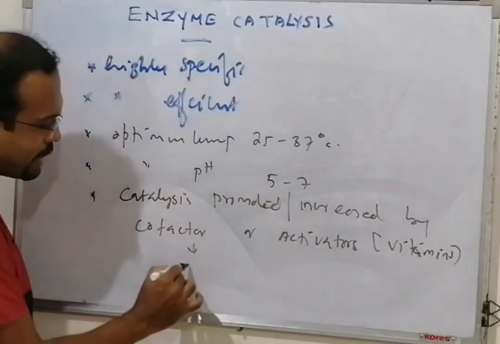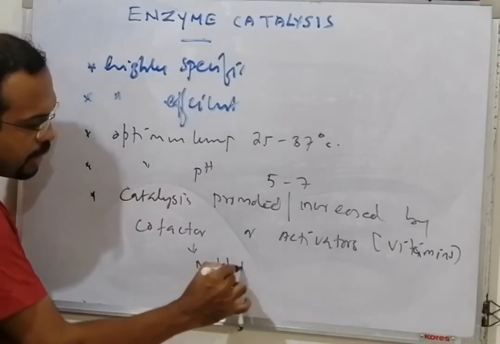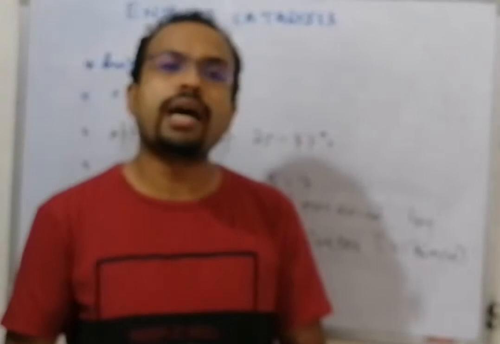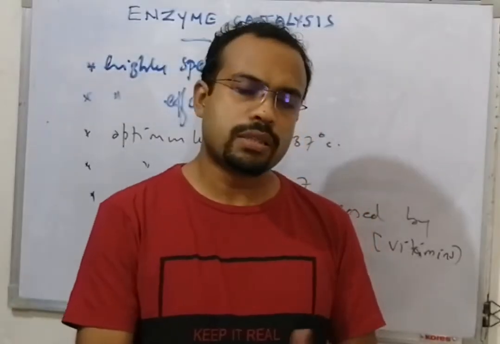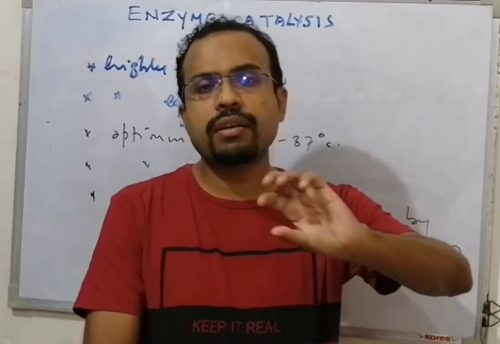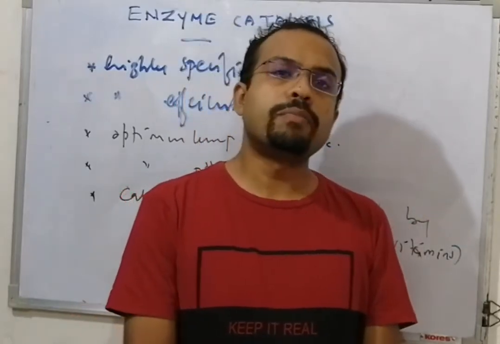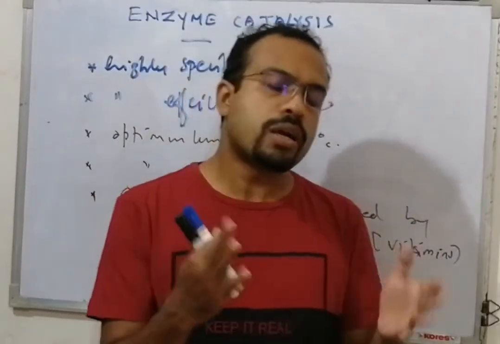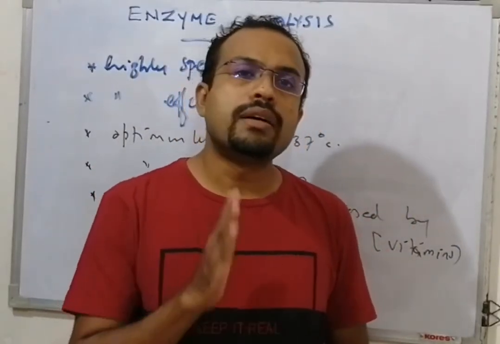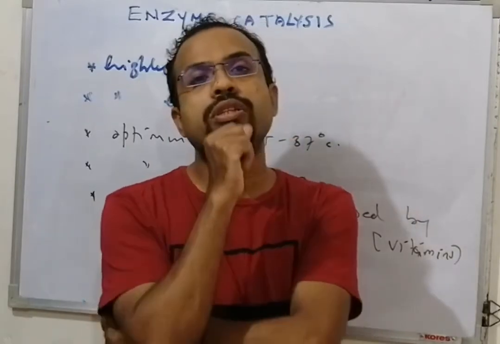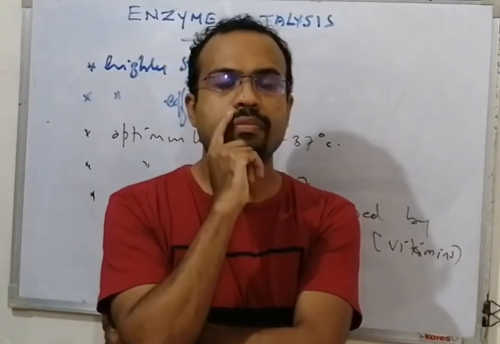Cofactors or coenzymes are metal ions. Certain metal ions, for example sodium ion, increase the catalysis of certain enzymes. Similarly, certain vitamins have a very critical role in our human body. They also have the role that they will activate, they will promote the activity of enzymes.